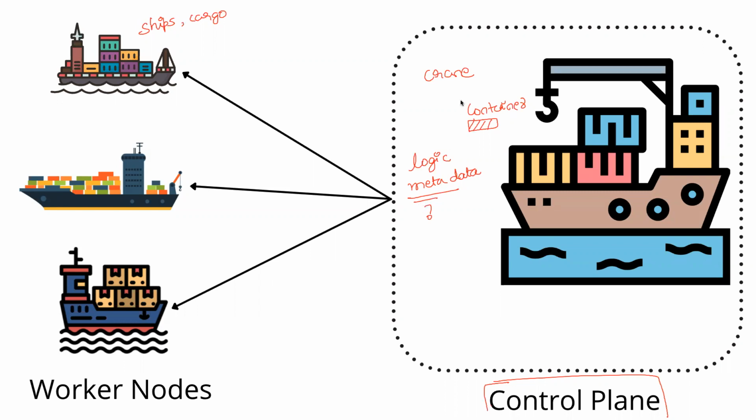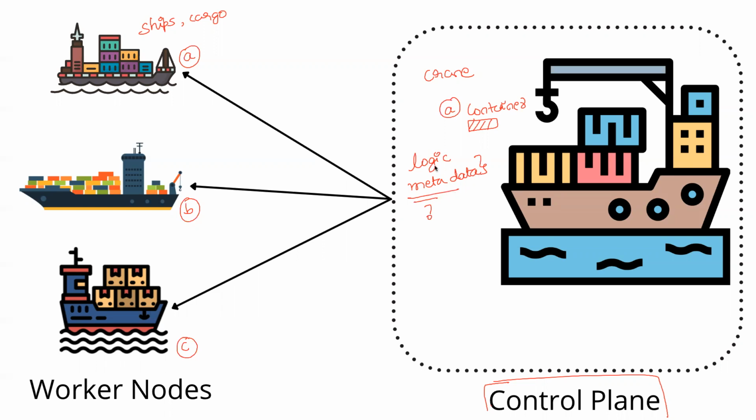Tomorrow, if I want to know where a container, let us say container A, was placed, I need to go and check the metadata, right? So container A was placed in this ship, container B was placed in the second ship, and container C was placed in the third ship. This information has to be kept somewhere or persisted in some place so that in the future we can retrieve this information. This is basically metadata, and this information has to be stored somewhere.